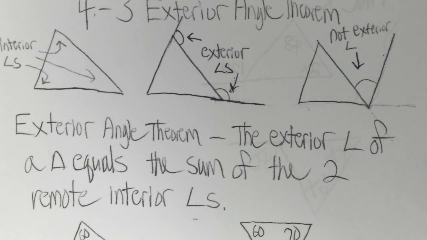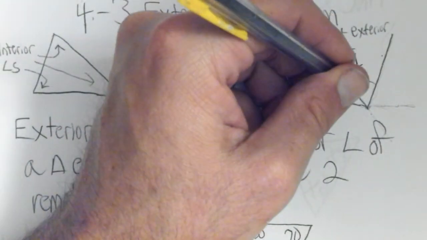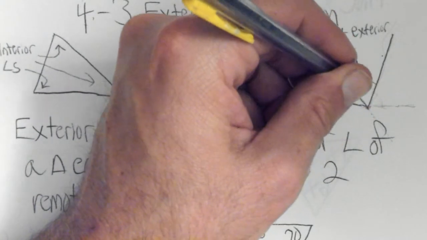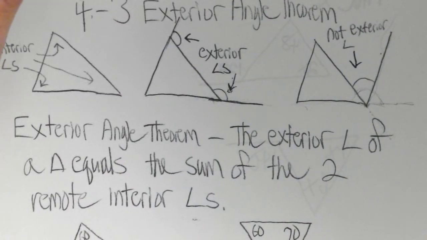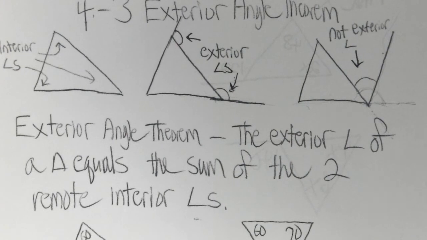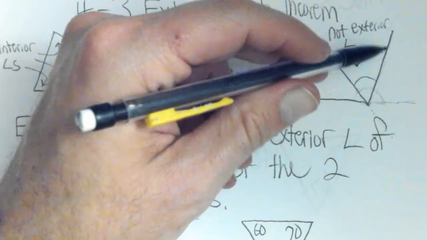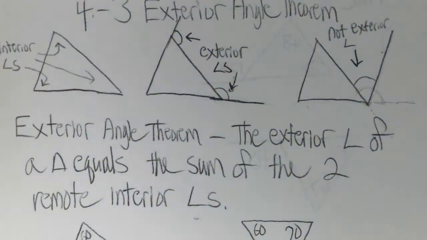So the full exterior angle, if I extended this side, would go from here all the way over to here. Alright? So again, just make sure we understand an exterior angle is formed by extending one of the sides of the triangle. If it's not extending a side, then it's not forming an exterior angle.